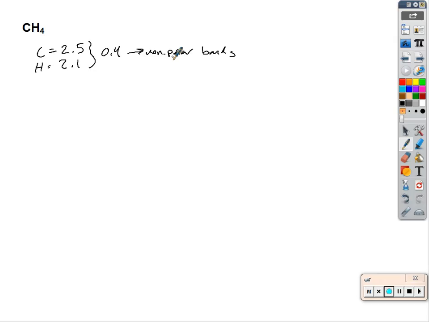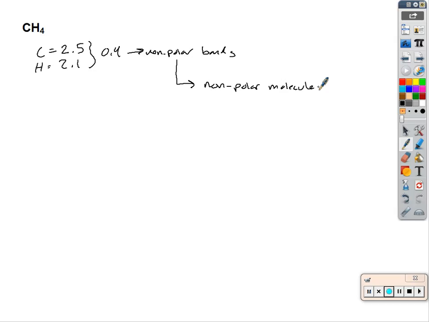Again, we need to be 0.5 or higher to have polarity in the bonds. 0.4 doesn't cut it, so it's nonpolar bonds. And again, automatically, this is a nonpolar molecule. We don't have to go through the drawings. We don't have to look at the structures. If the bonds aren't polar, the molecule is not polar.